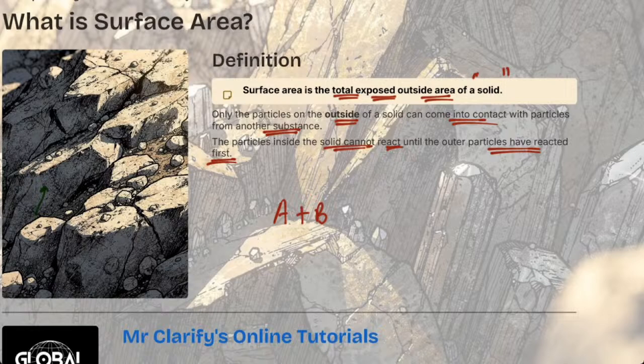So boys and girls, everybody, we need to try and expose as much of the solid as we can. Are we together? So when somebody says the word surface area in science, not in maths, it just means the exposed area. In maths, it's the same thing, but we use formulas.